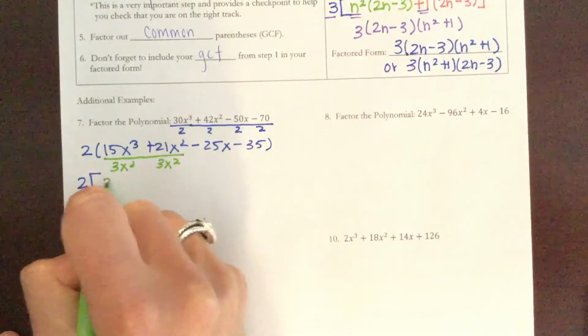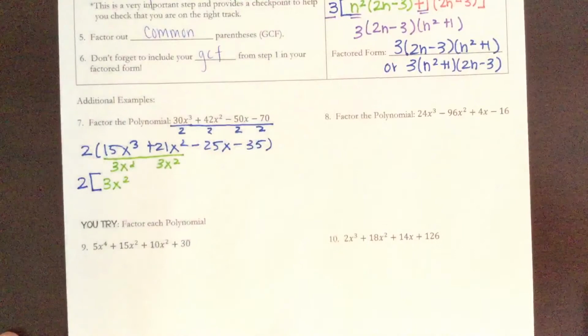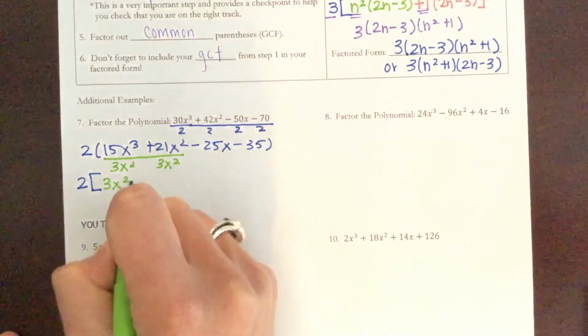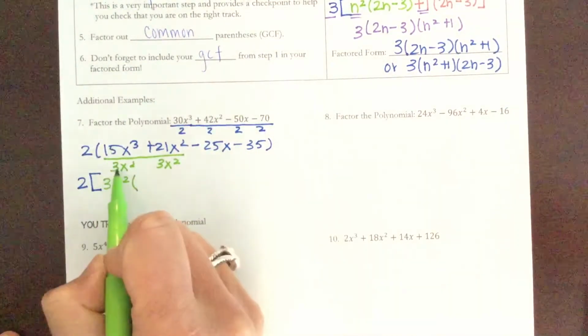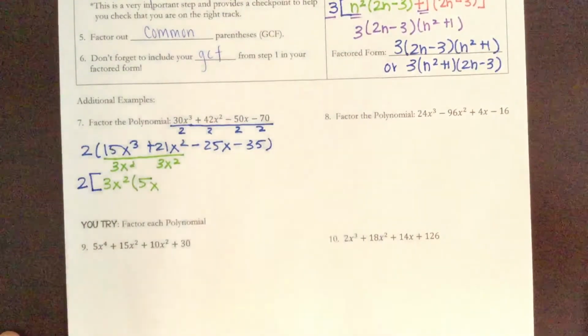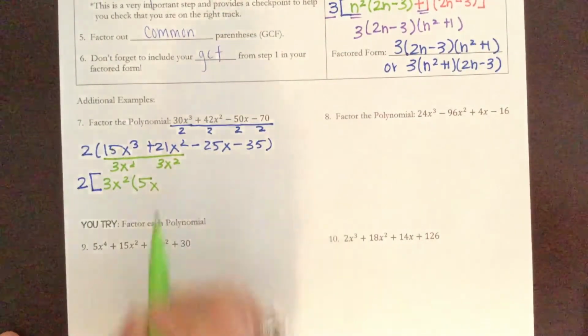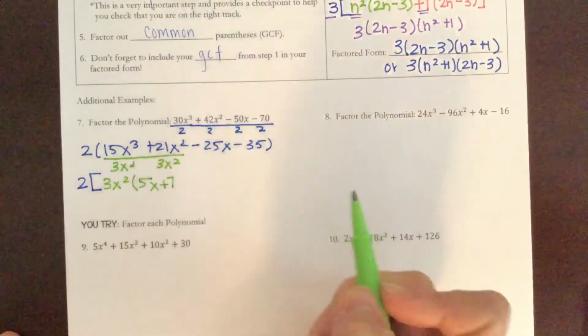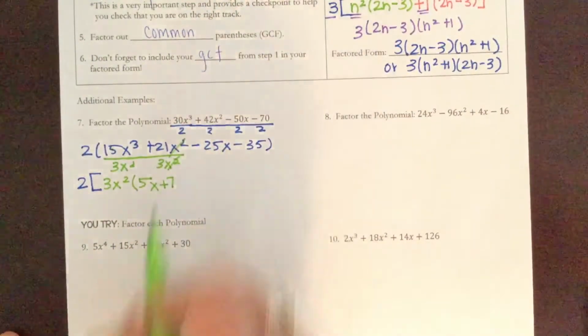And I'm going to show that the greatest common factor of that group was 3x squared. When I divide that out, 15 divided by 3 is 5, and x cubed divided by x squared is x. 21 divided by 3 is 7, and x squared divided by x squared cancels.